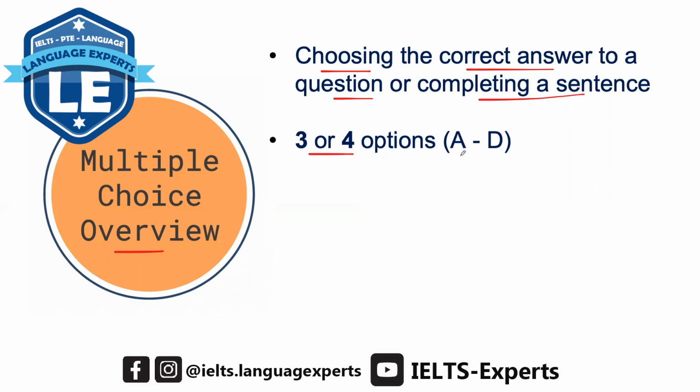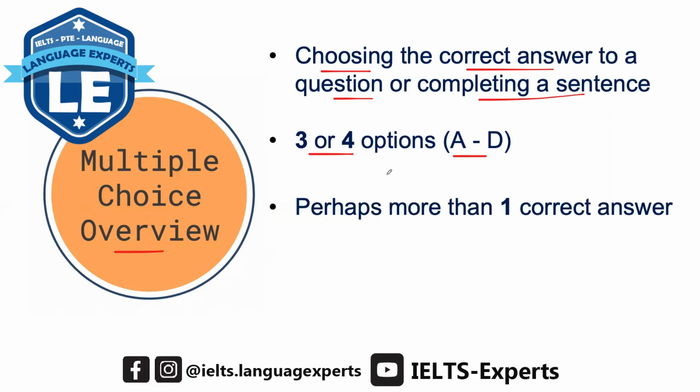Usually these options are in the numbered format, so you may see letters A through D, and basically you'll have either a question or a sentence that is incomplete, and you'll have to choose between these options for the correct answer. In some cases, there may be more than one correct answer.